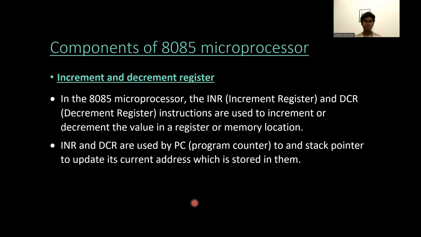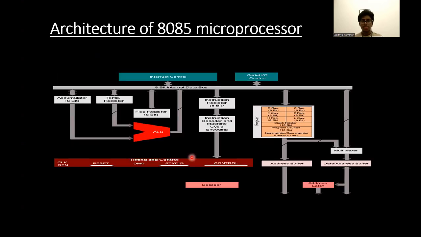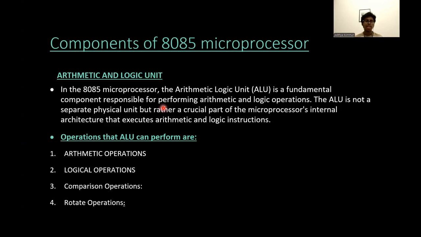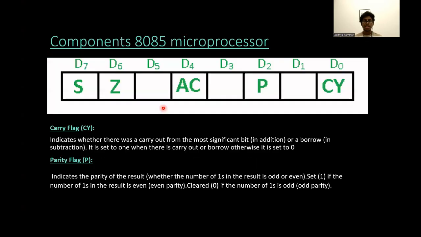Flag registers. And this is the flag register. It is an 8-bit register. Let's look into the diagram of the flag register. This is the flag register bitwise, and it plays an important role in the microprocessor by giving us the status of the result after the operation performed by the ALU.